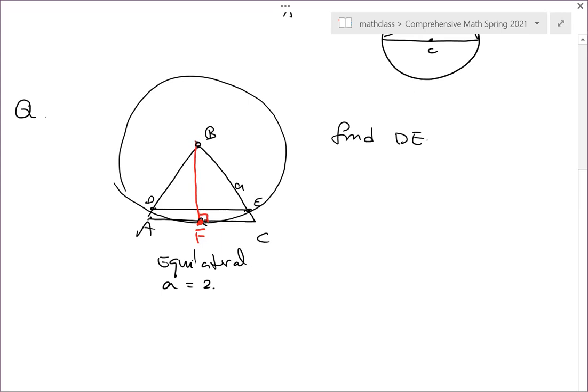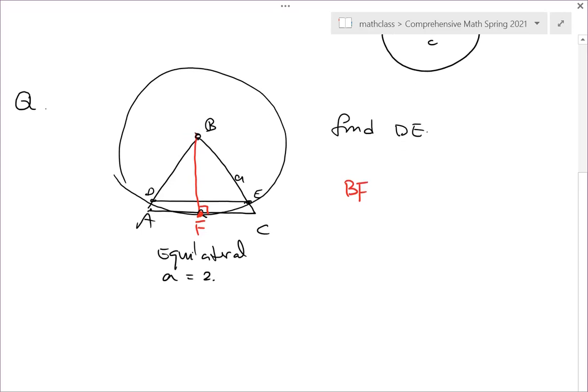Then immediately you can get the length BF because this is a special triangle, right? This is B, that's C, that's F, and this side is 2.